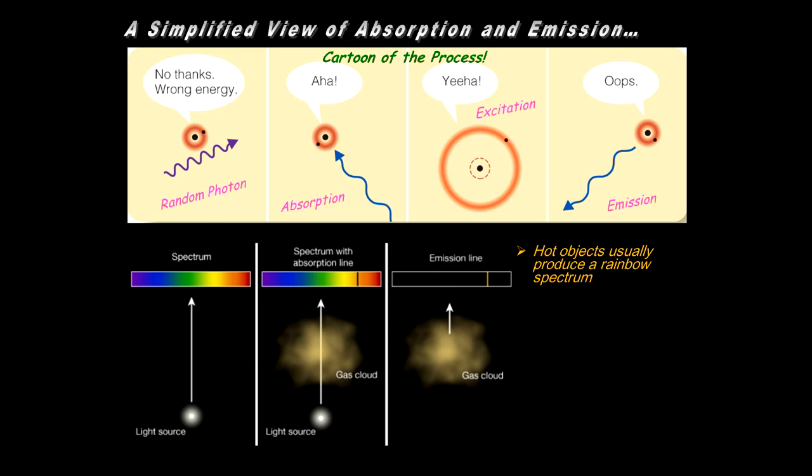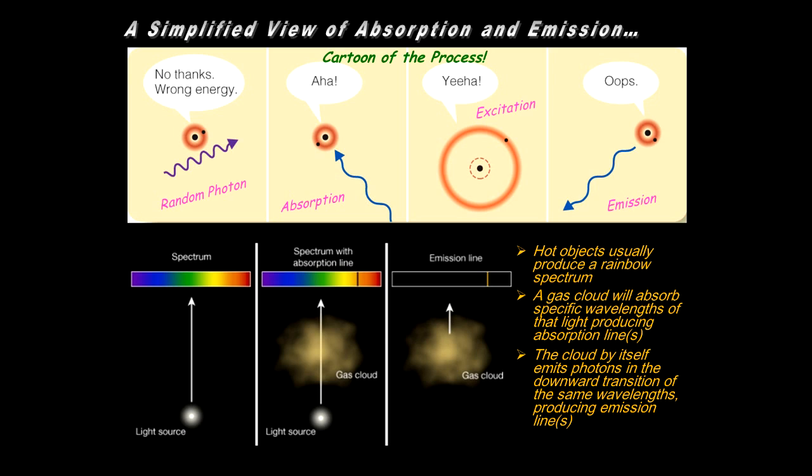Here are Kirchhoff's laws in a nutshell. So we have the hot black body source producing a continuous spectrum. A gas cloud that's between the source and us, in front of it, I guess you might say, absorbs through upward transition of the electron those wavelengths that are just the right energy level, and you get an absorption band.